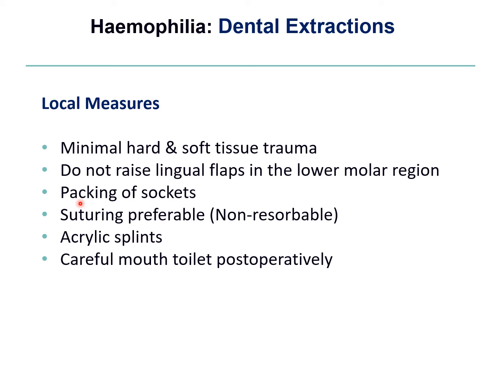Again, for extractions in any patient with increased risk of bleeding or coagulation disorders, the extraction sockets need to be packed with appropriate artificial hemostatic agents such as Surgicel or gel foam and a horizontal mattress suture placed against the extraction socket. Acrylic splints may be used if multiple extractions are to be undertaken, and careful mouth toilet post-operatively, possibly using tranexamic acid mouthwashes, which we'll discuss later.